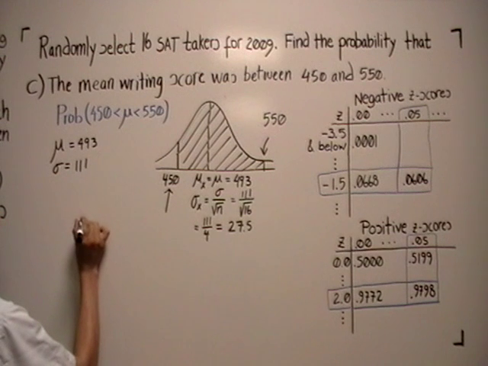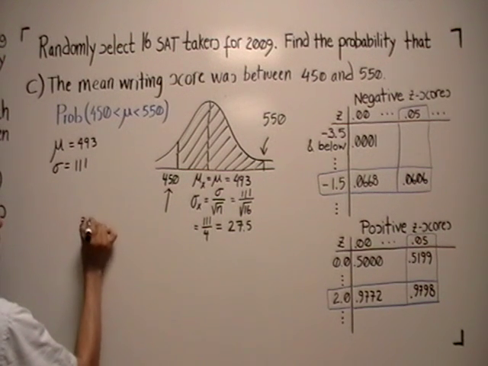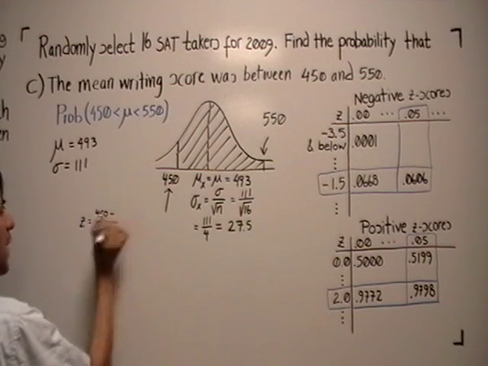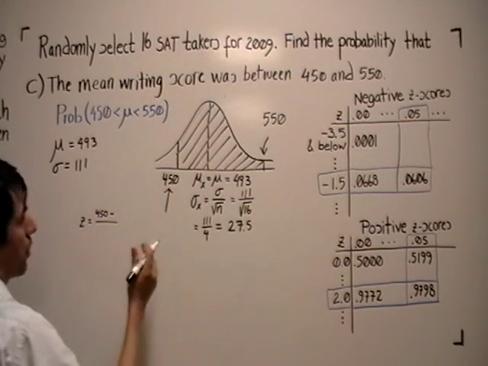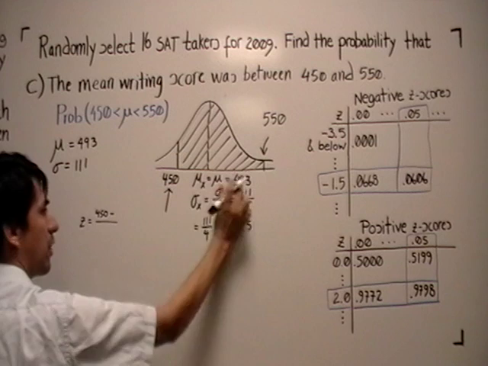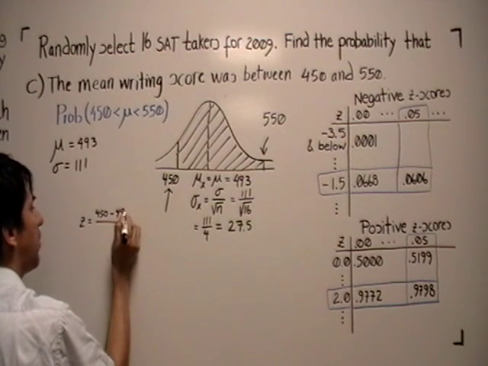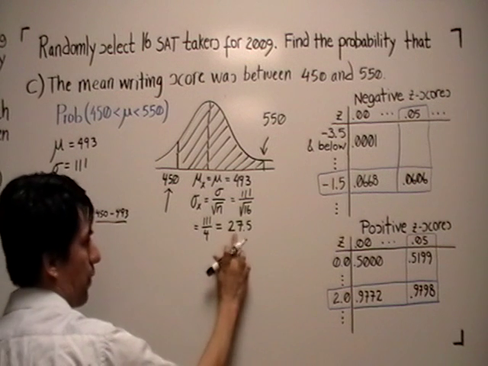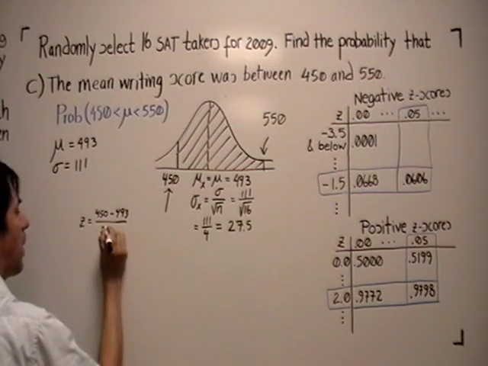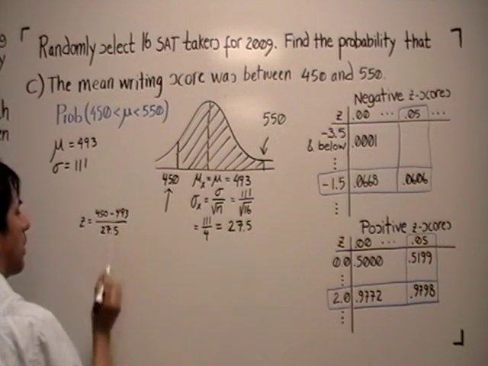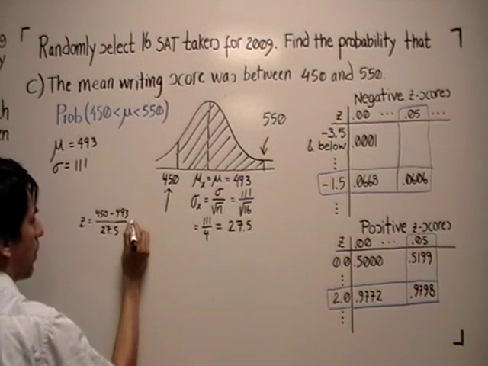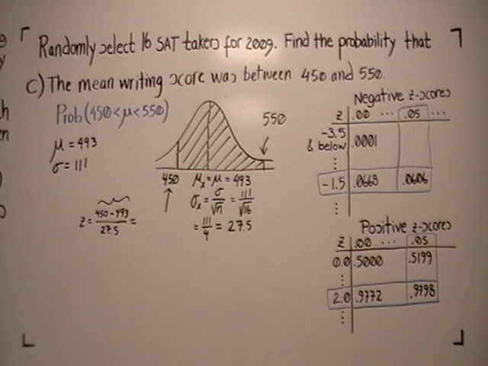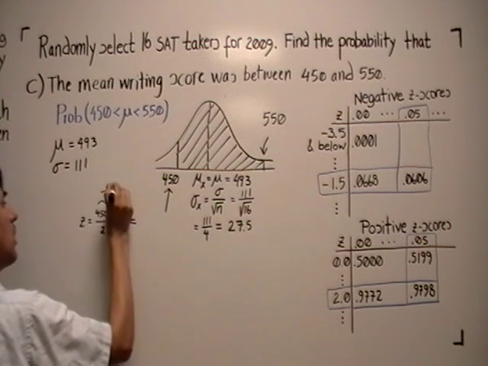So for 450, z equals 450 minus the mean of the distribution, the one we're considering happens to have mean of 493, over the standard deviation of the distribution we're considering. We found it to be 27.5. When you do your calculation, the numerator is negative 43.